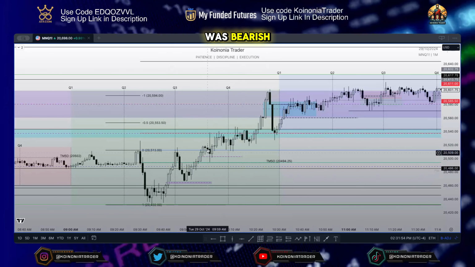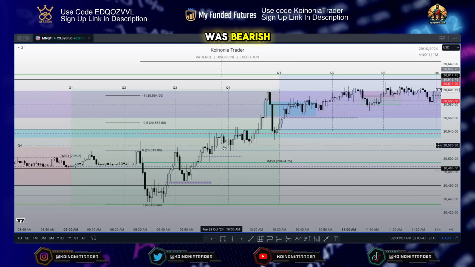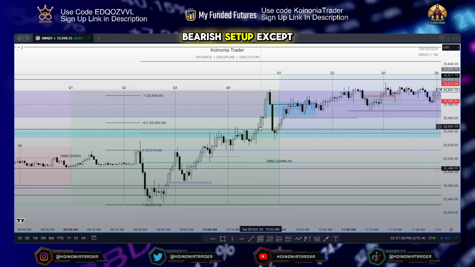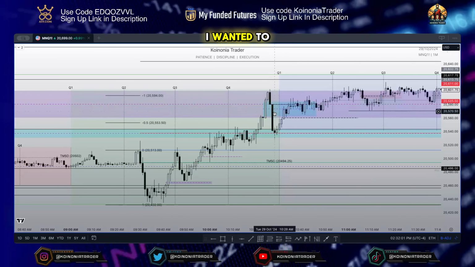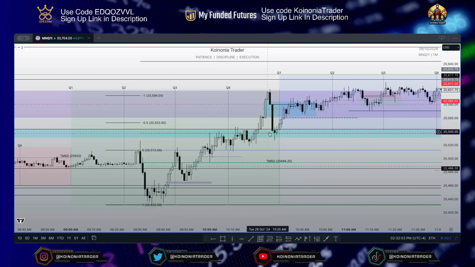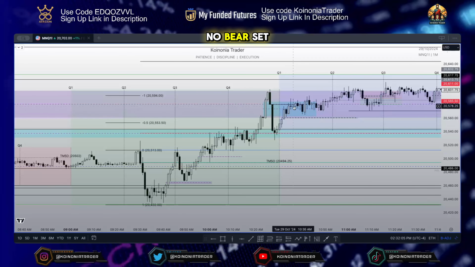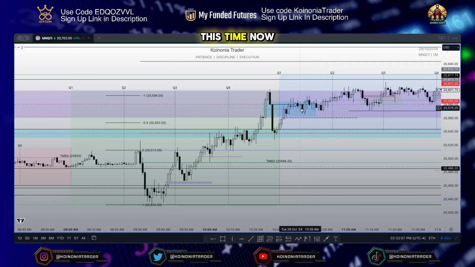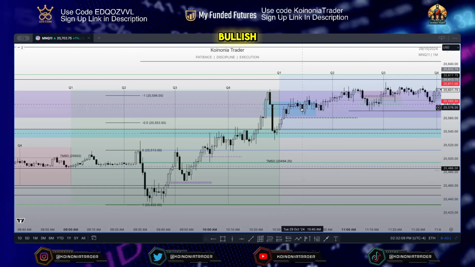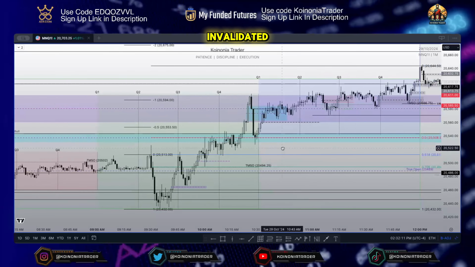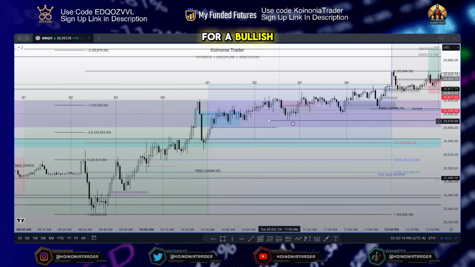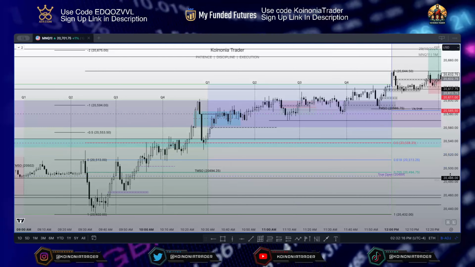After 10 o'clock where I was bearish, there was no bearish setup except for this here. I wanted to see if we were going to end up holding it. Continued to wait. No bearish setup forming, and by this time my bias flipped bullish because of that 15-minute getting invalidated. So I'm waiting for a bullish setup the entire time.